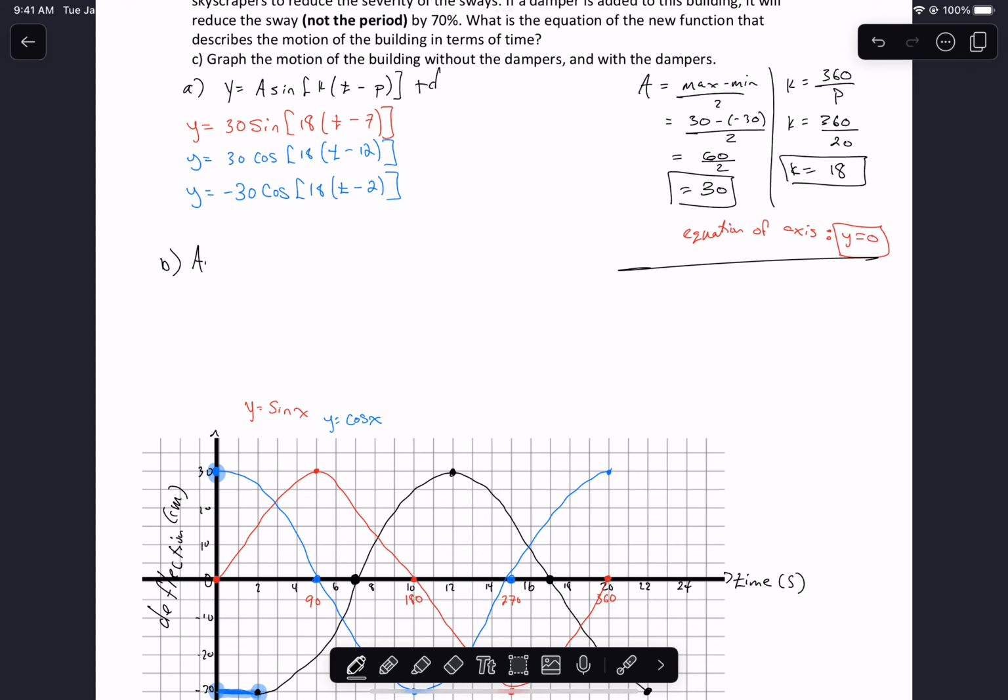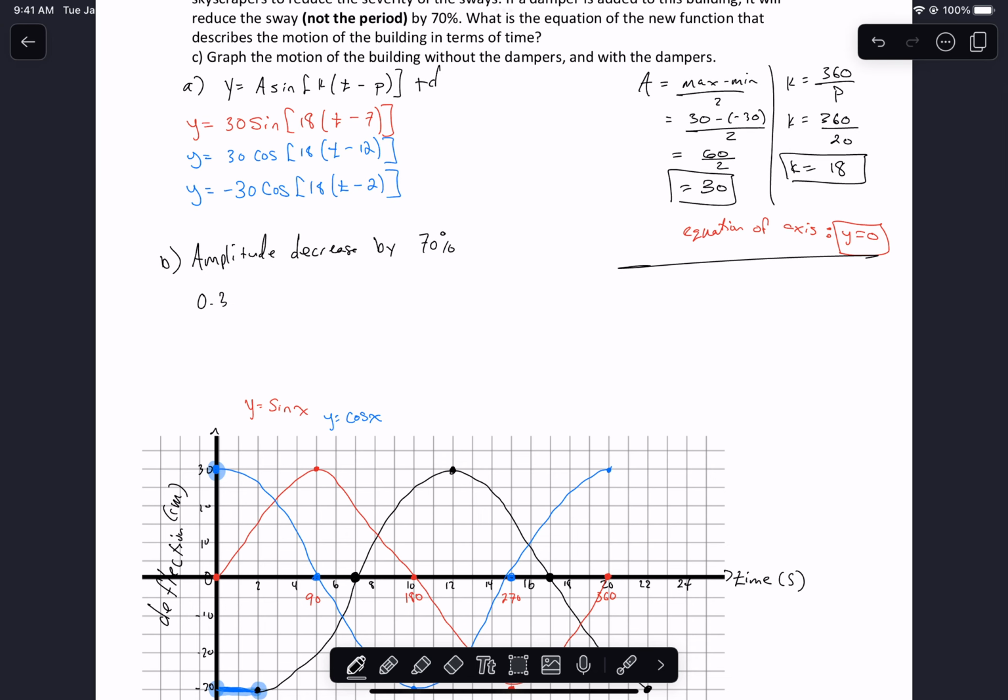So for part B, the amplitude of the original question is going to decrease by 70%, which makes it 30%, so it'd be 0.3 times the original amplitude of 30. This is going to be the new amplitude, and so I get 9 as my new A value under this condition.